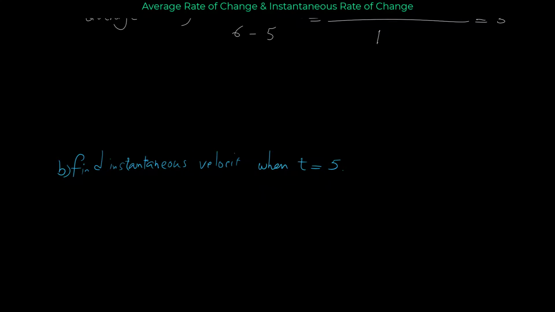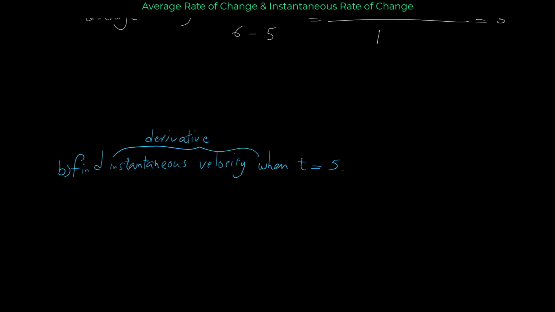So for finding instantaneous velocity, because we know that this is derivative. Remember, instantaneous velocity or instantaneous rate of change is derivative of the given function, derivative of the displacement. So, what was the equation that we have for displacement?